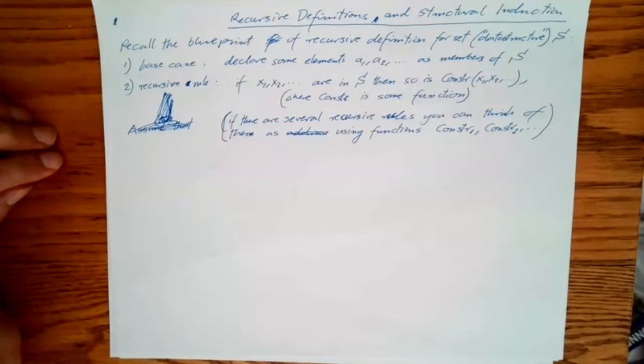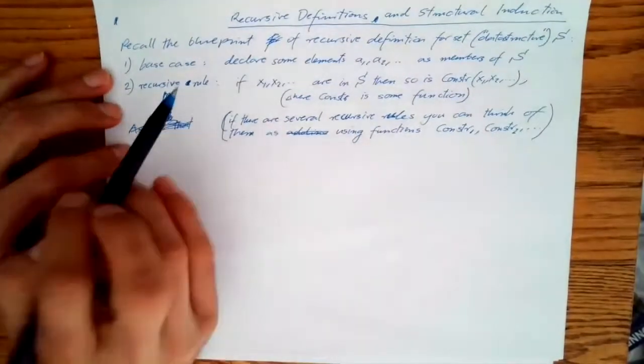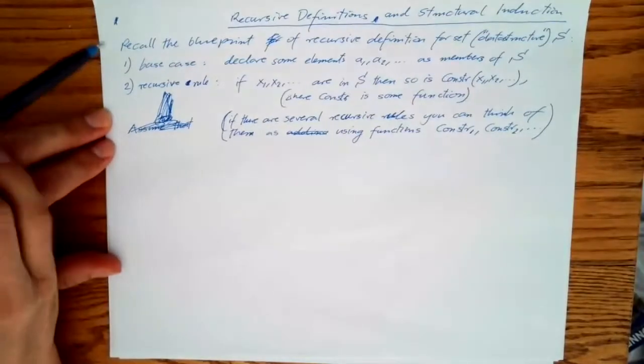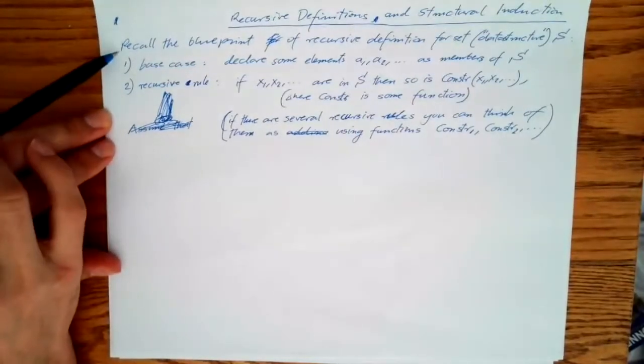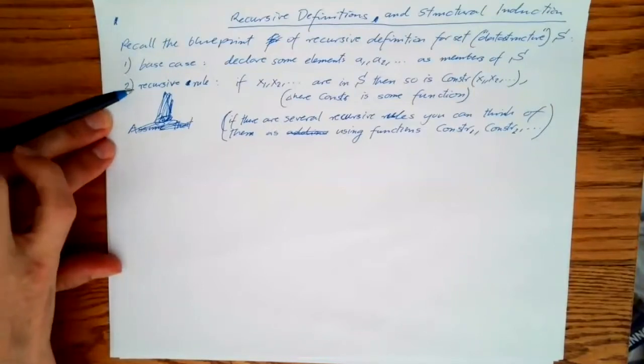Or you define binary strings, some class of strings, and you want some function on them, like, for example, their length. Okay, so we need to do that still. So let's look at the blueprint for recursive definitions that we had. It consists of two cases, right?